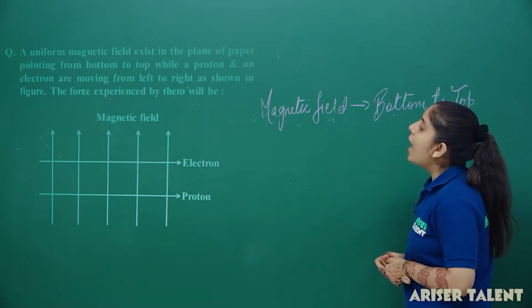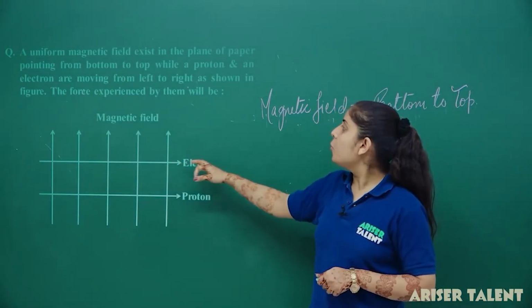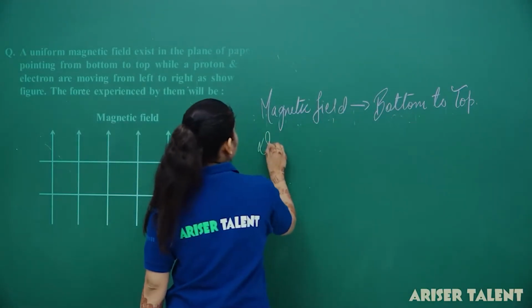while a proton and electron are moving from left to right. So you can see that proton and electron are moving from left to right. So the direction of.